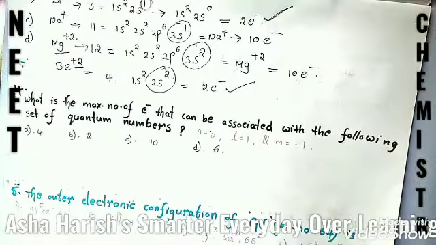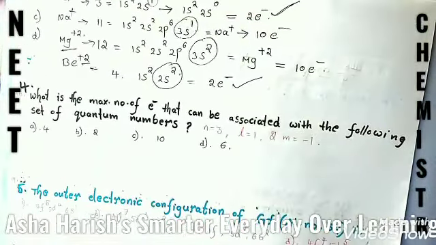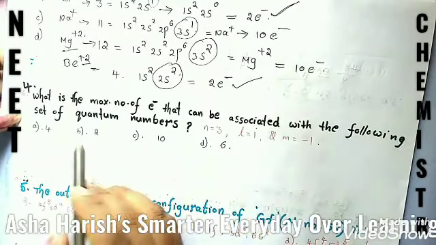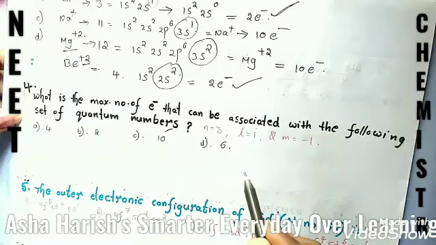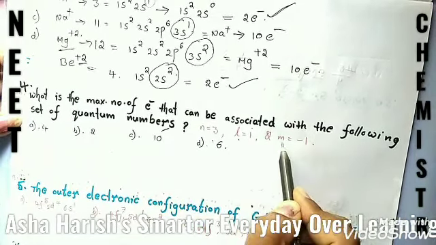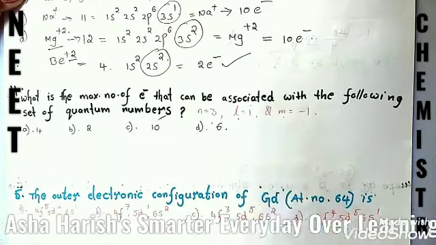And question number 4, let's start. What is the maximum number of electrons that can be associated with the following set of quantum numbers? Here they have given the n, l and m values. Let us see.